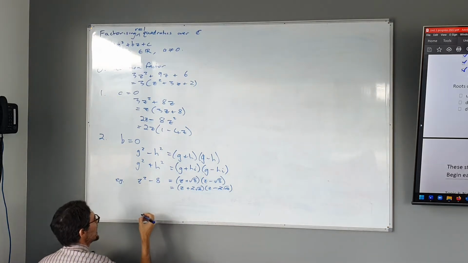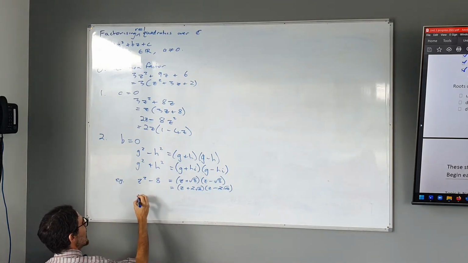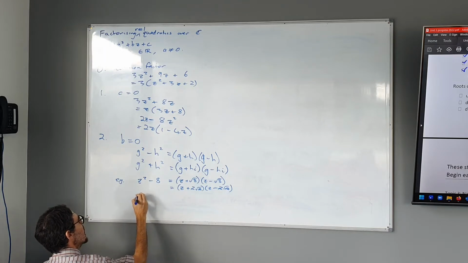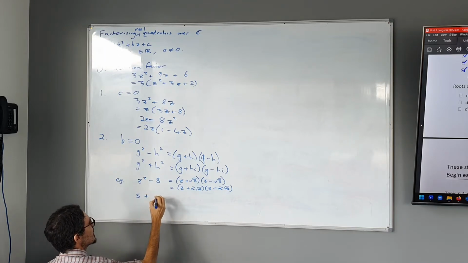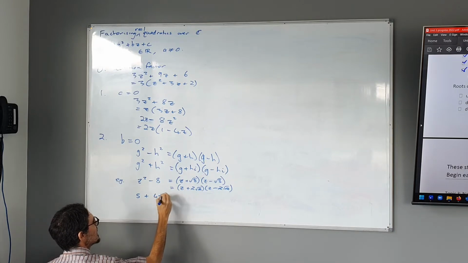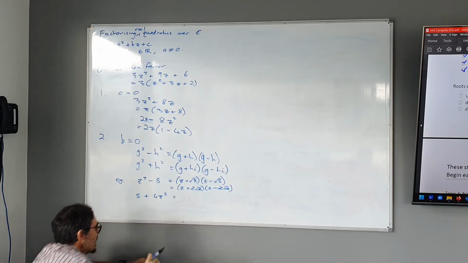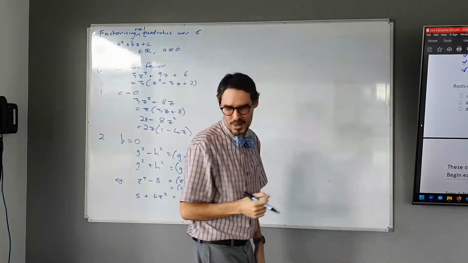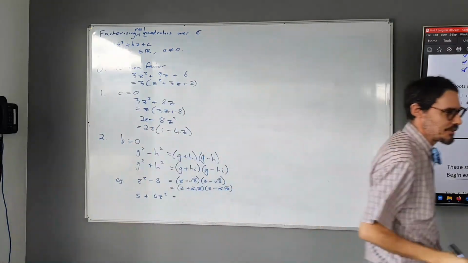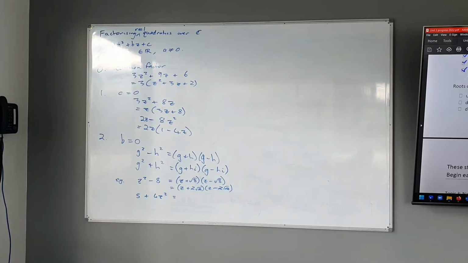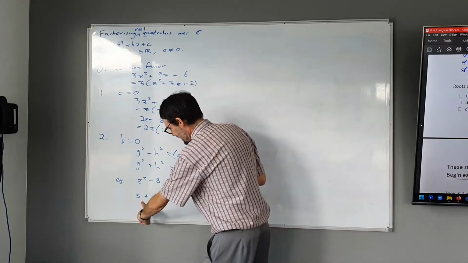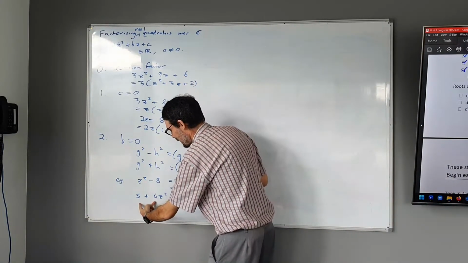And similarly, suppose there's a plus. What if I go 5 plus 4z squared? Have a go. Maybe we can do it that way. Doesn't really matter. If it were me doing this, I'd probably organise it the other way first.